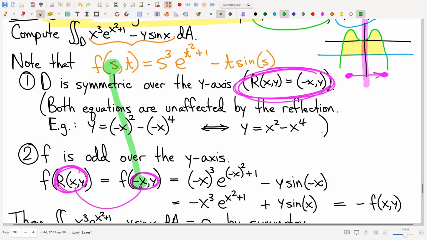I don't have to just keep track of the minus sign and make sure to remember whether you're talking about the input x or the output x. None of that confusion. F of negative x comma y: negative x is literally s, y is literally t. And so everywhere I see the s, I put negative x.